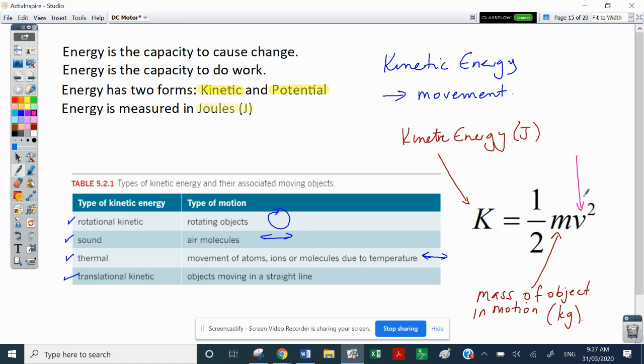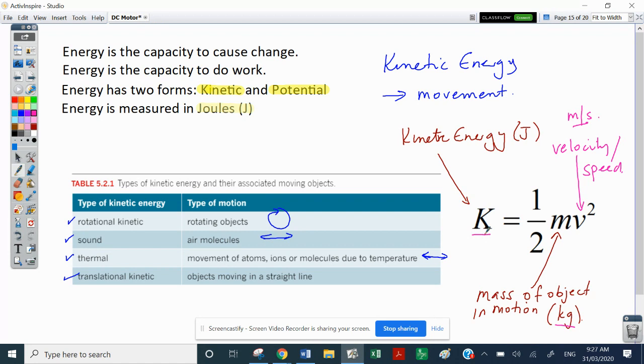It doesn't matter in this case because we're going to square it, and we'll talk about energy in a few more moments being a scalar object anyway. And so this is either the velocity or speed. It doesn't matter. And that must be measured in meters per second. If we don't have kilograms, we don't have meters per second, we can't define energy here being in joules.